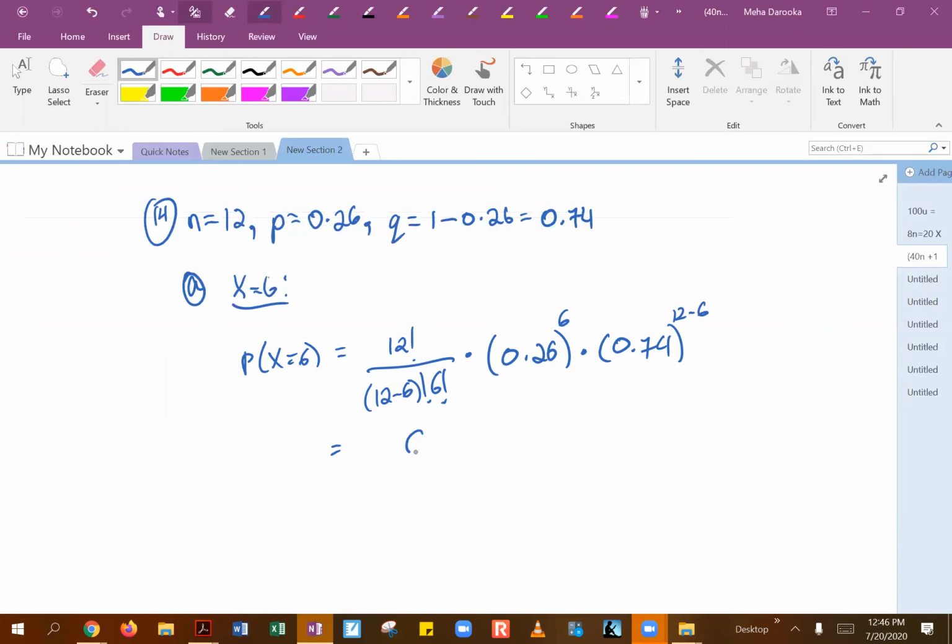So again, you are doing combination on the first part between 12 and 6, then multiply by 0.26 raised to the 6th power, 0.74, which is also raised to the 6th power in this case. So what do you think this answer will end up looking like?